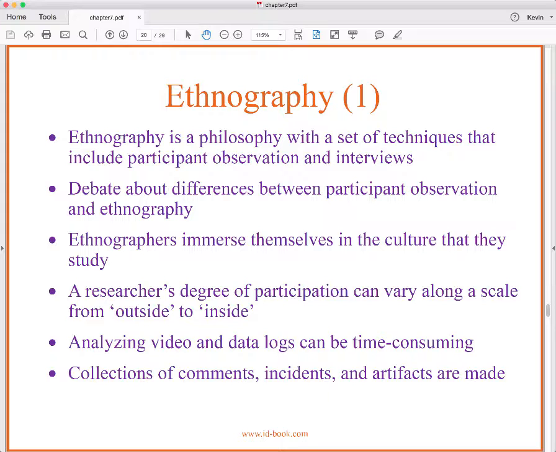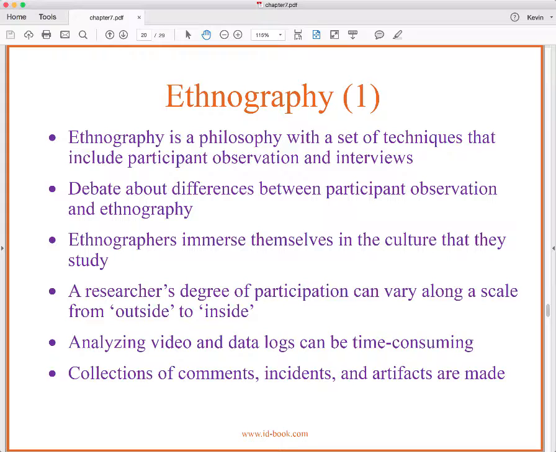Or they went to live with some kind of group with different abilities. Maybe the blind, maybe the deaf, maybe transgender people, right? So there's this idea that it's immersive.